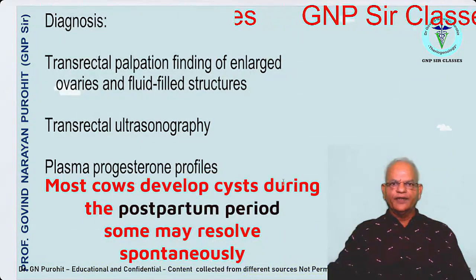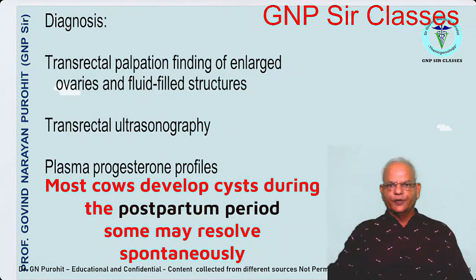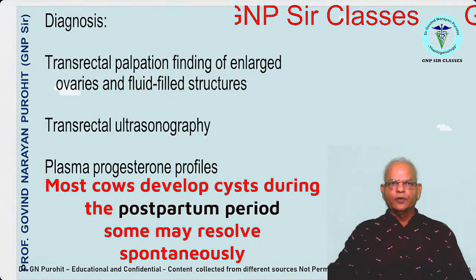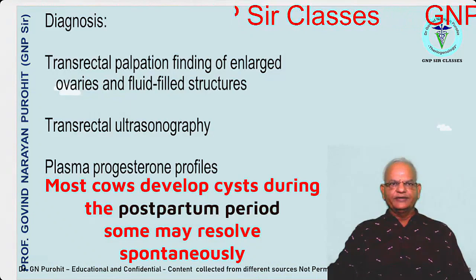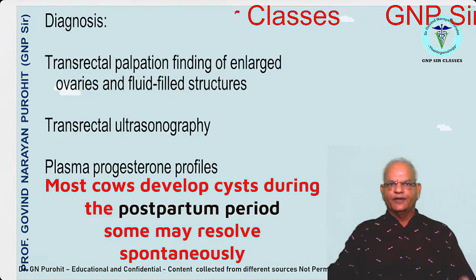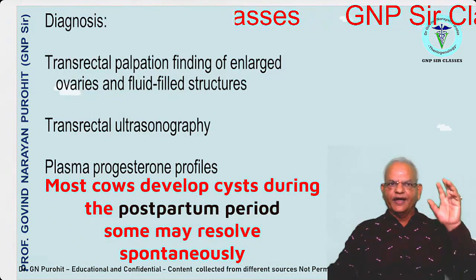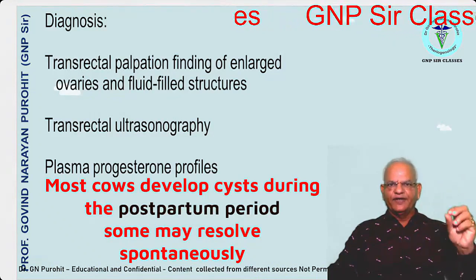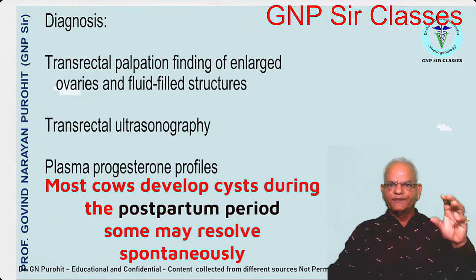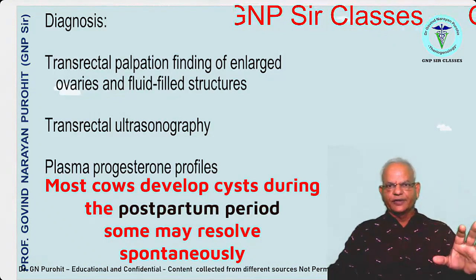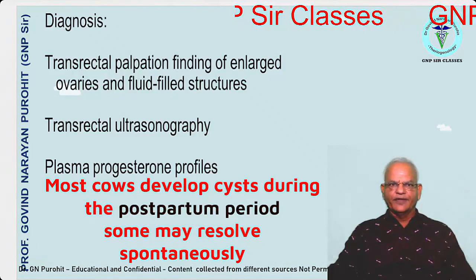Now, how can we diagnose the ovarian cyst? Under most field conditions, transrectal palpation finding of enlarged ovaries and fluid-filled structures is diagnostic that the animal has one or maybe multiple ovarian cysts.